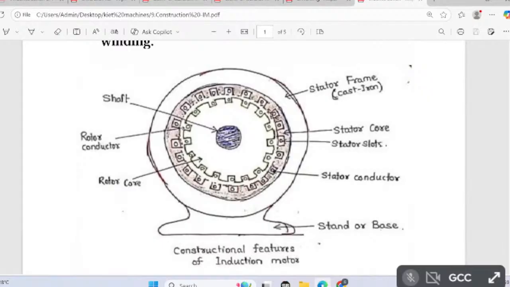No. Fill in the blanks, objective type. From morning to now, whatever I explained, I will give 10 questions. You write down the answers. You will get practice now. No means you will fail.